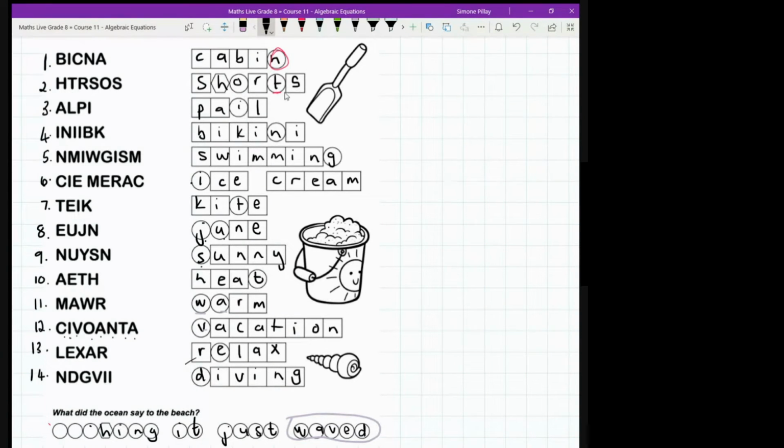Oh, NOT. My gosh, I'm so dumb. What did the ocean say to the beach? Nothing. It just waved. There we go. I don't know what I was doing in the beginning. Don't ask me.